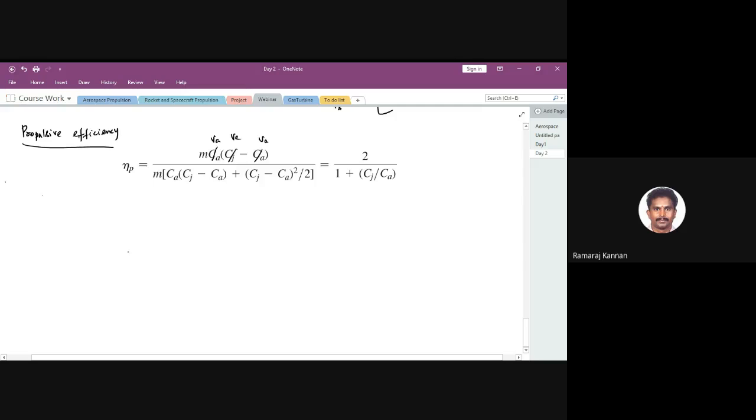So we can write it in this form, m dot into VA. They took the case of 1 plus f as 1. Minus PE minus PA divided by, that is thrust power divided by kinetic energy of the jet.